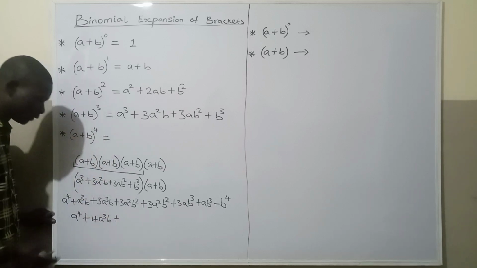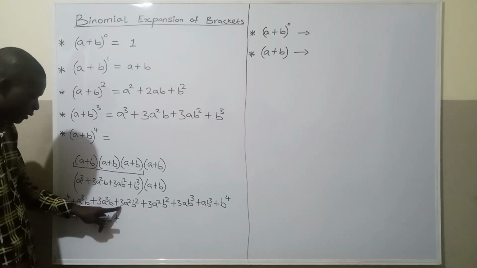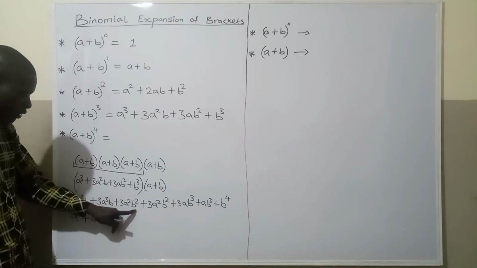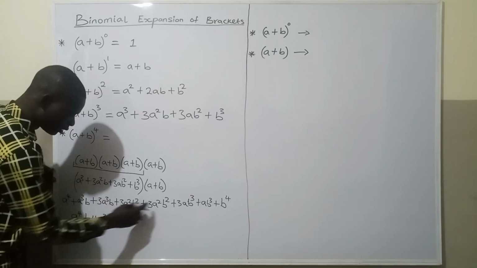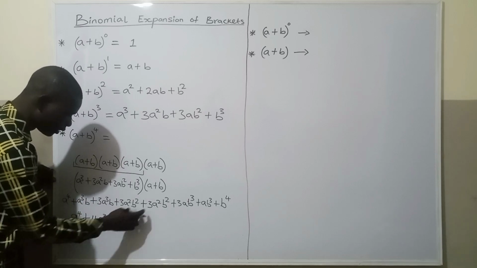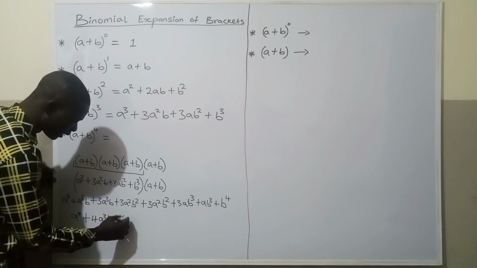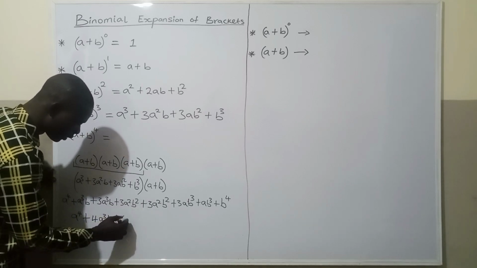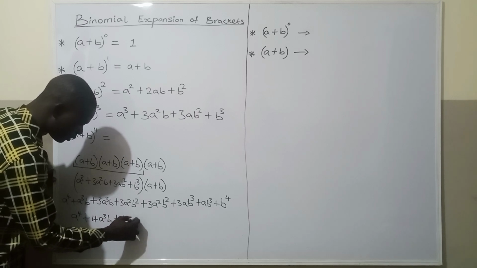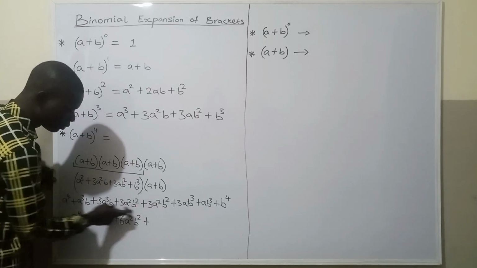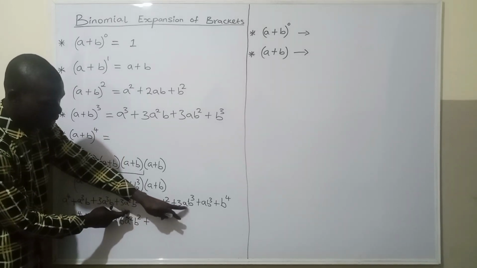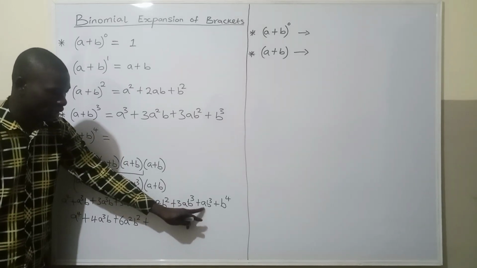Then plus the next one, 3a squared b squared plus 3a squared b squared. 3 plus 3 is going to be what? 6, and of course the variables beside 6 are going to be a squared b squared. So this is going to be a squared b squared. Plus the next one, we are done with these two. That's 3ab cubed plus ab cubed.